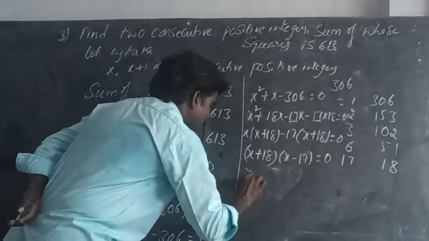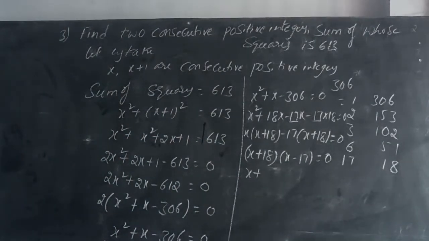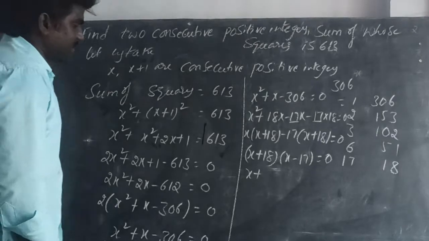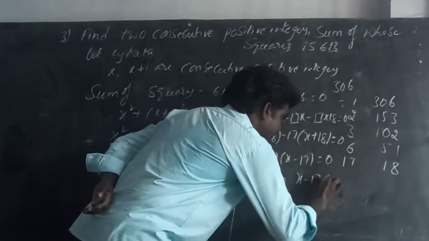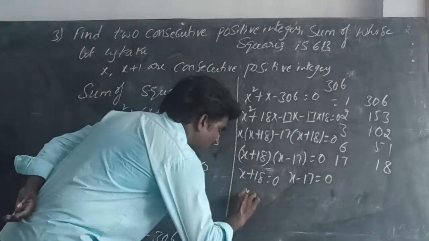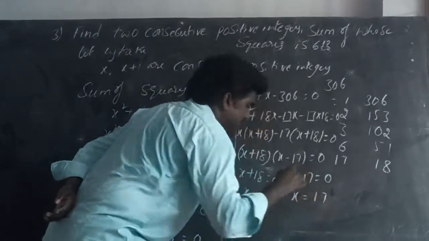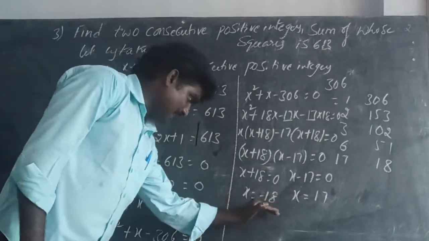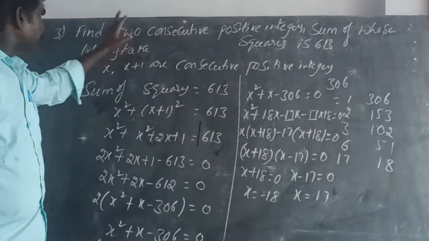So here the product of two polynomials is 0. Either the first polynomial is 0, or the second polynomial is 0, or both are 0. So x plus 18 is equal to 0 and x minus 17 is equal to 0. Plus 18 moving to the other side becomes minus 18, and minus 17 moving to the other side becomes plus 17. So we get a negative integer and a positive integer. But what does the question ask?